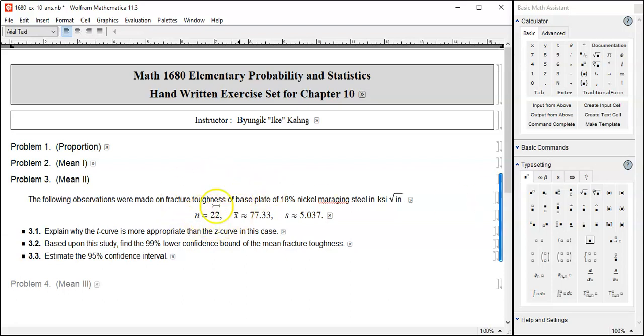If this fracture toughness is extremely strong, then that's good. No problem there. Now, if it is exceptionally weak, that's a problem. So in this particular case, the lower confidence bound is more important. Okay, let's go with this order. Let's find out the lower confidence bound.